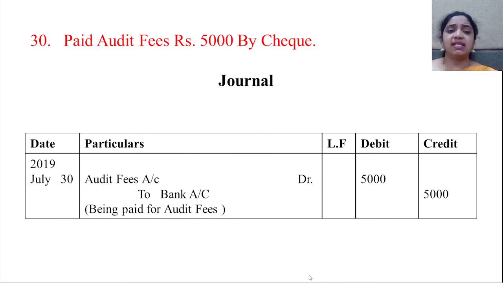So audit fees is an expense. And if check is not given, if it is given just paid audit fees rupees 5,000, you would have written audit fees account debit to cash. But the word check is given over here, so you will write audit fees account debit to bank account, 5,000 on debit, 5,000 on credit, being paid for audit fees.